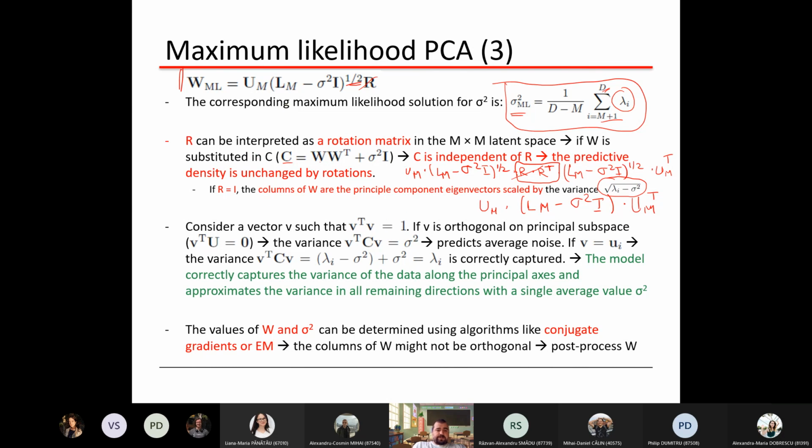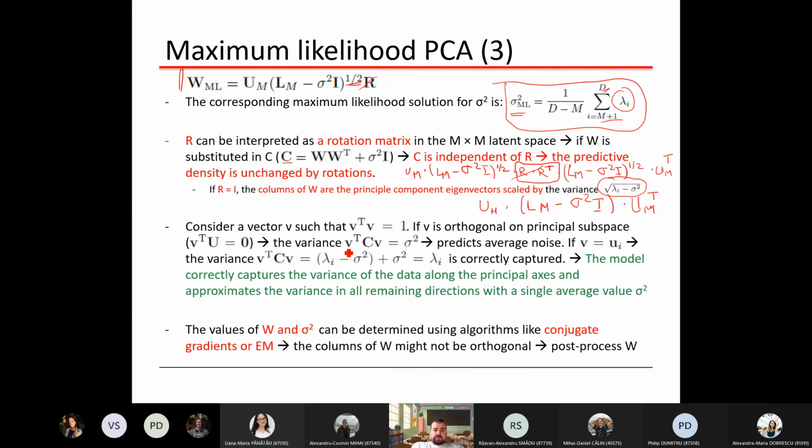Now, let's suppose that we have an orthogonal vector, a unit norm vector, that has the property V transpose multiplied with V equals 1. And what's happening? If V is orthogonal to the principal subspace, it means that V transpose multiplied with U equals 0.